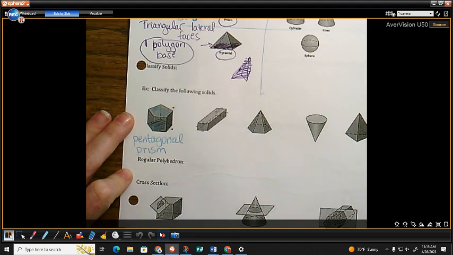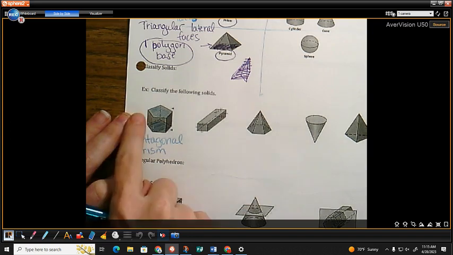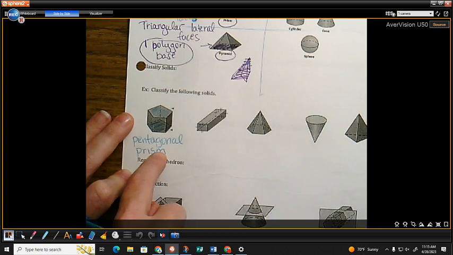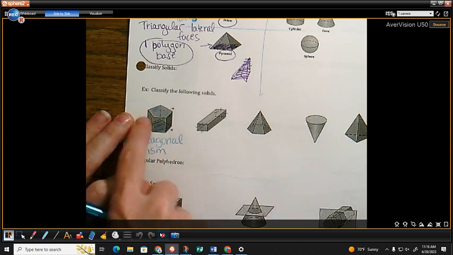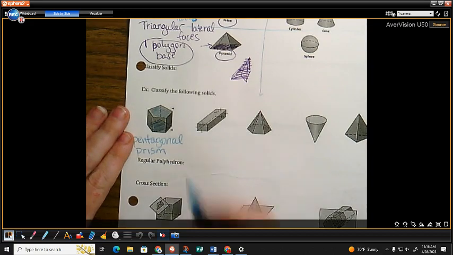Okay. How many bases does a prism always have? 2. How many lateral faces will there be if it's pentagonal? How many of these rectangles? There will be 5 rectangles moving up and down the sides. There will always be that many sides.